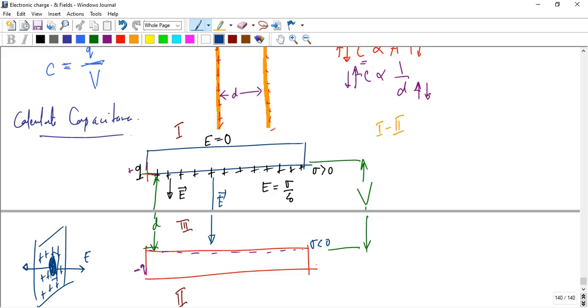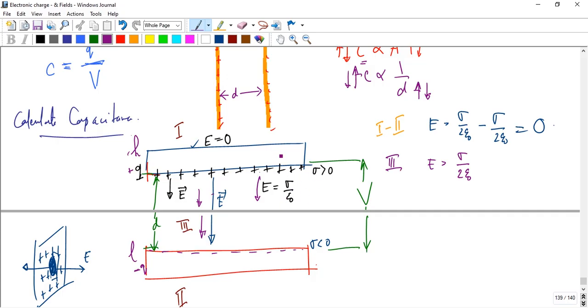In the outer region of these two plates, E total is sigma over twice epsilon naught from one surface and minus sigma over twice epsilon naught from the other, so that is 0. Now in the inner region between these two plates, the electric fields of the two plates add up, because the electric field is in the same direction for both. Each field is sigma over twice epsilon naught.